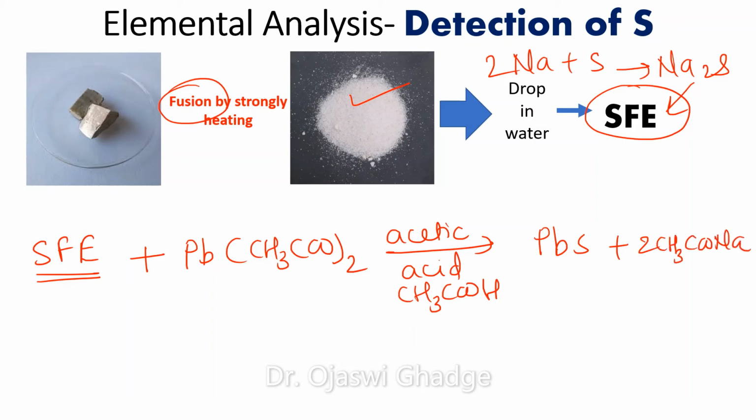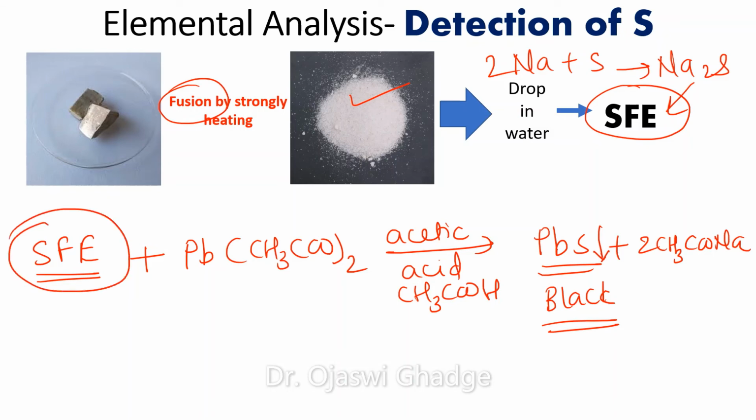This lead sulfide is a precipitate and it has black color. So this black colored precipitate which is formed confirms the presence of sulfur in the sodium fusion extract, which means that sulfur is present as an element in the given sample of the organic compound.